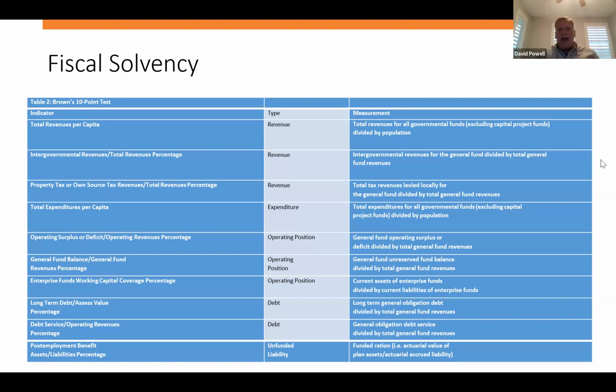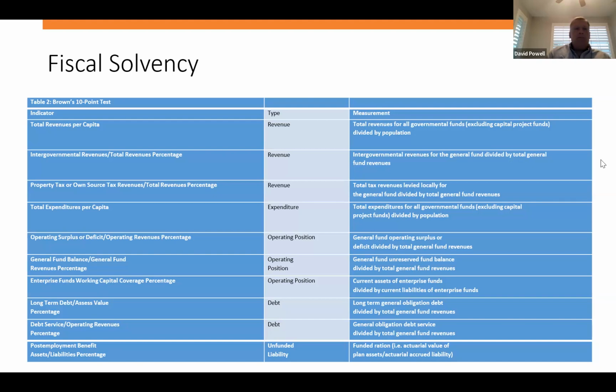I have a PDF file up on our Canvas site that walks you through the ratios that we create, both the Brown approach as well as the Wang approach. I've included them here in this presentation tonight, but assessing fiscal solvency is oftentimes about more than just whether we balance our revenues and expenditures. There are more nuanced ways in which we can assess fiscal solvency.